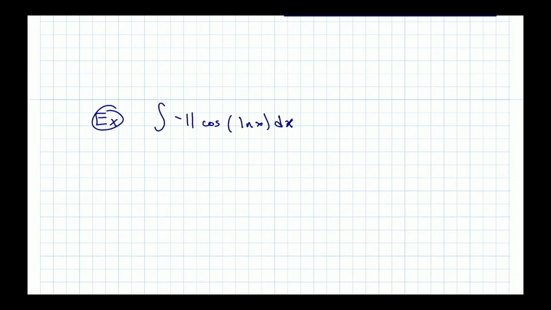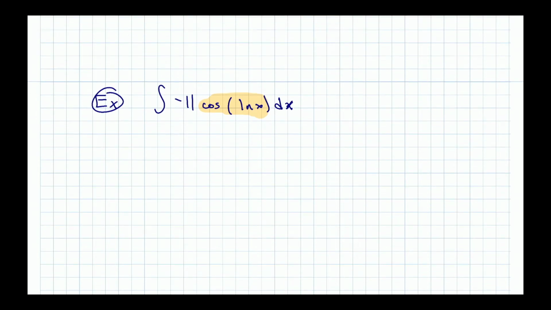The cosine and the natural log are not multiplied here, right? The natural log is inside the cosine. So you can't pick cosine to be u and natural log to be dv or something like that. Like these have to stay together because the natural log is inside of the cosine. So it looks like there's not a lot of choices here.